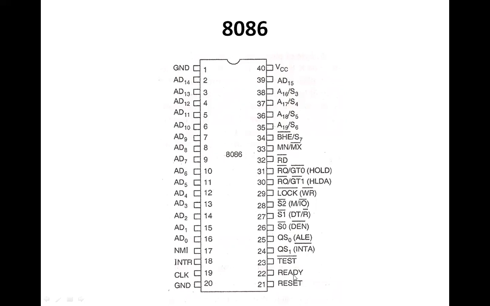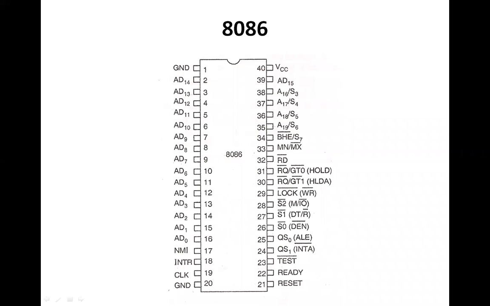Then let us discuss the ready signal. This ready signal is an input signal to the microprocessor. This input is controlled to insert the microprocessor into a wait state. Whenever the ready pin is placed at logic 0 by the external devices, the microprocessor is going to enter into the wait state and will remain idle until the ready pin is placed at logic 1.